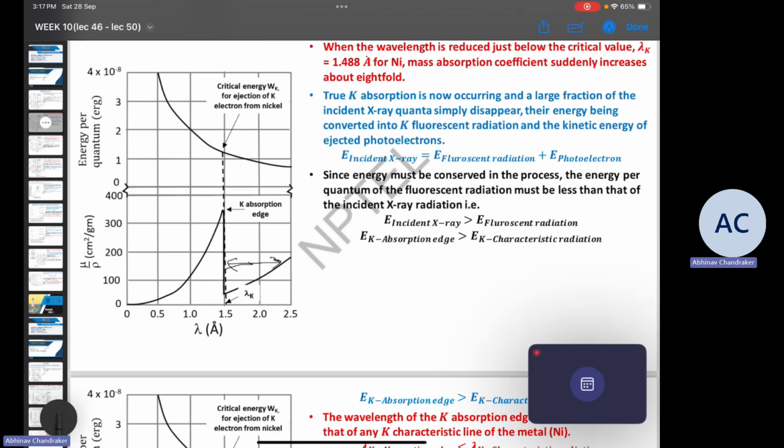So the only loss of X-ray beam energy, or the only absorption, occurs by scattering by the atoms and the electrons of the atoms. But once the energy is high enough to knock out the inner shell electrons, then a larger portion of the incident X-rays gets utilized only in removing the inner shell electrons, and as a result, we see a sudden increase in the absorption of the X-ray.